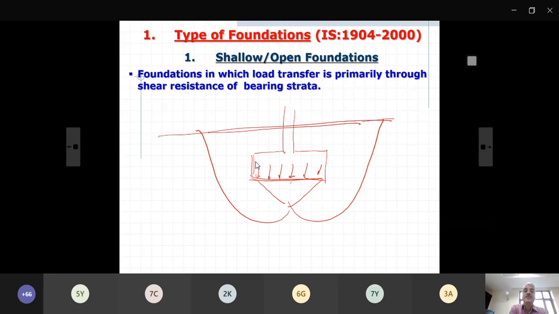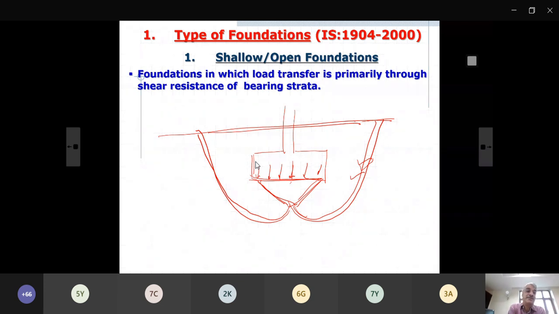When this load comes, the bearing capacity decides load transfer, and then shear zones are developed or not developed, and there are different forms of this. So this type of foundation where this mechanism is taken into account for calculating its behavior is a shallow foundation. So it is those foundations where load transfer is primarily through shear resistance of the bearing strata.